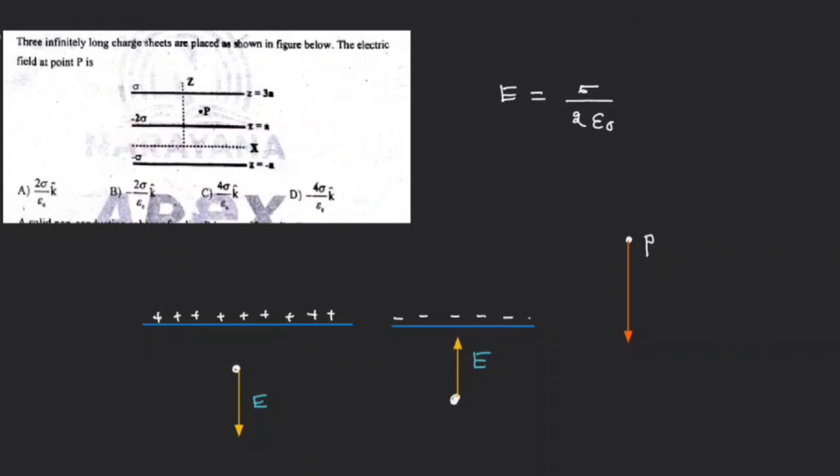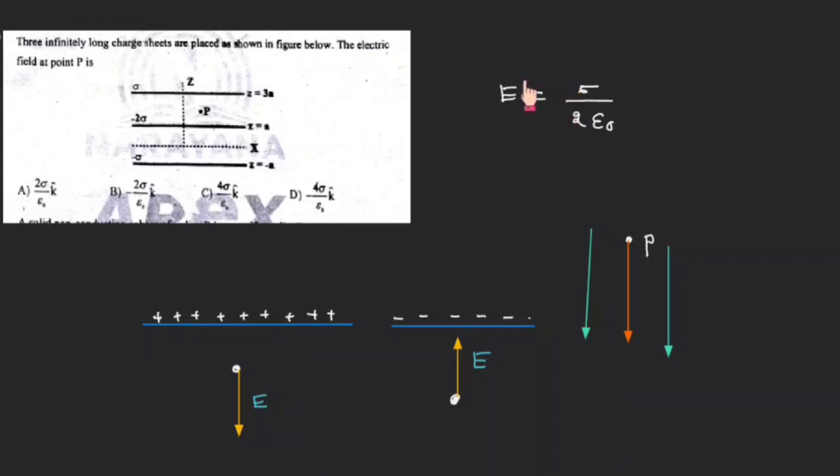And due to this minus 2 sigma, it will also be in the downward direction. And again, this minus sigma value will be in a downward direction. So we have to add all these in order to get the answer. Clear? Hope you get it. You need to add all these formulas.